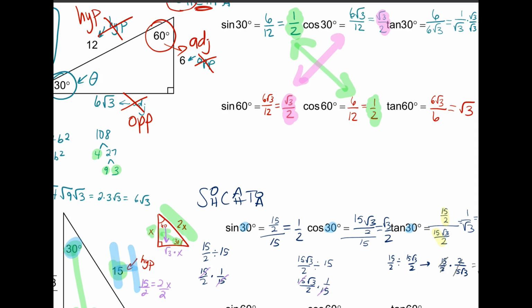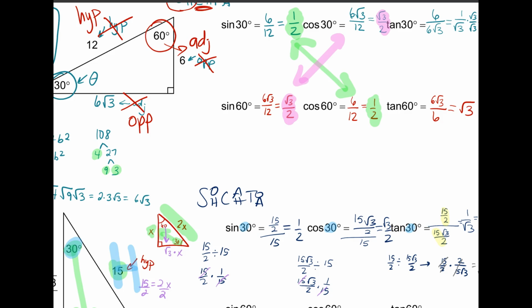Whenever you take sine of 30 degrees, it will always be 1/2. When you take cosine of 30, it will always be square root 3 over 2. That's it. Doesn't matter if you have a puny little triangle or a triangle the size of the United States, as long as it's a 30, 60, 90 triangle, the ratios of the side lengths will be the same. Like how they compare to each other will be the same.